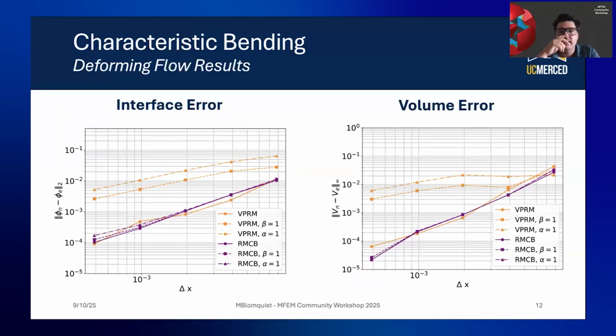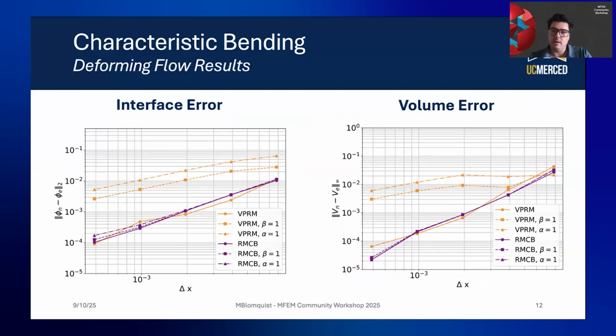For the deforming flows, the next best method is the volume preserving reference map, which was introduced back in 2021. If we compare this to our augmented reference map with characteristic bending, what we see is that for a completely incompressible field, these give about the same results for both interface error and volume preservation.